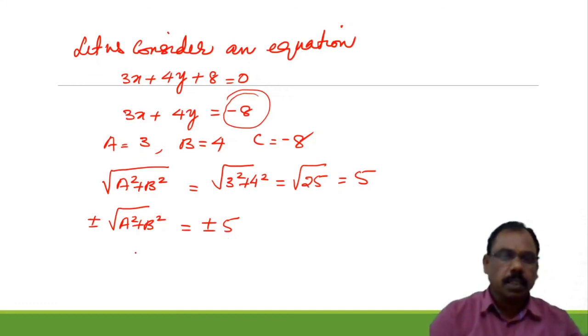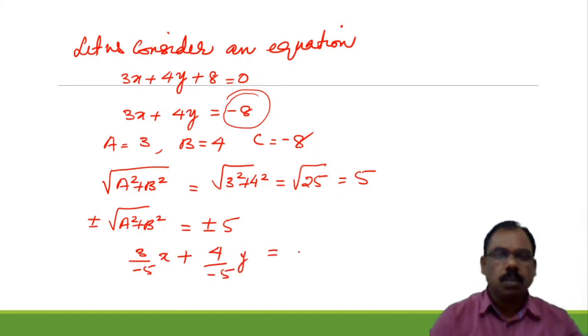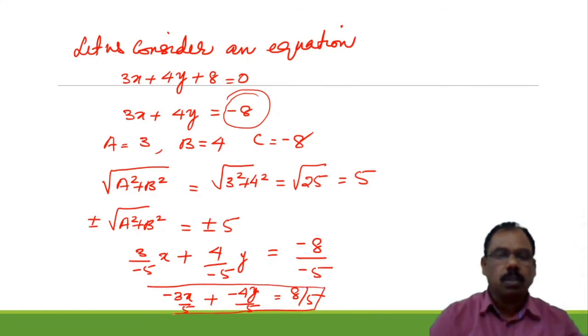Therefore, we get 3 by minus 5 into x plus 4 by minus 5 into y is equal to minus 8 divided by minus 5, or we write minus 3x by 5 plus minus 4y divided by 5 is equal to 8 by 5, which is the normal form of the equation of the given line.